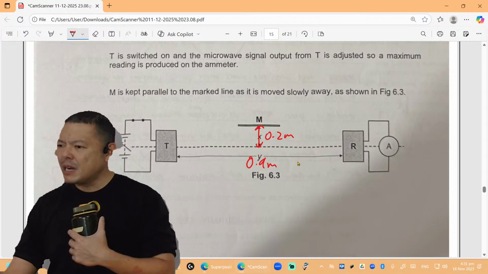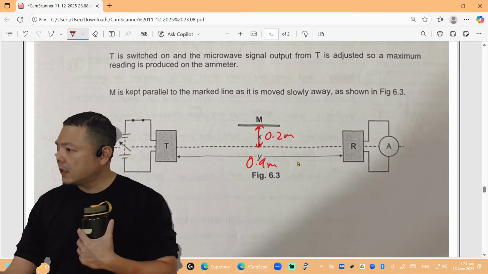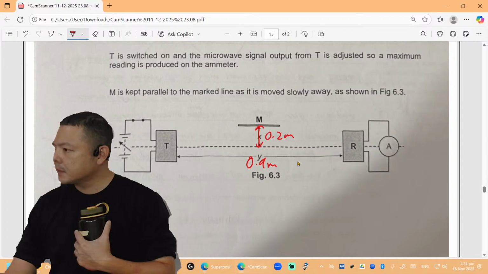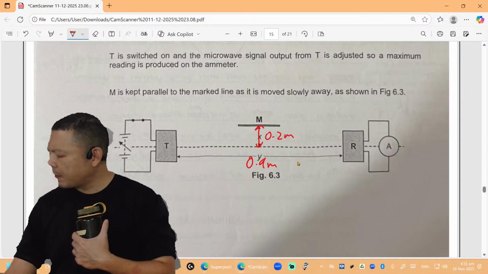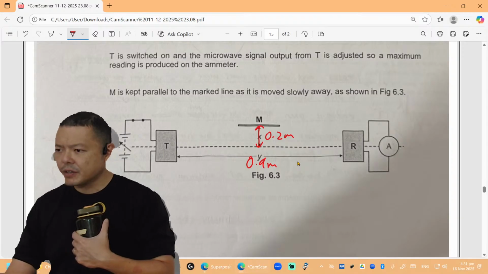Why would that be a minimum even? Are you getting interference? I only have one transmitter, right? Do you see any interference going on? The answer is yes.